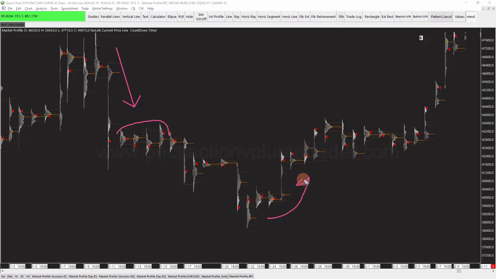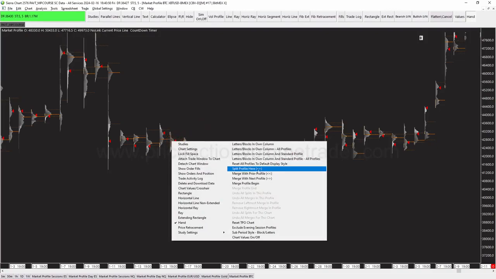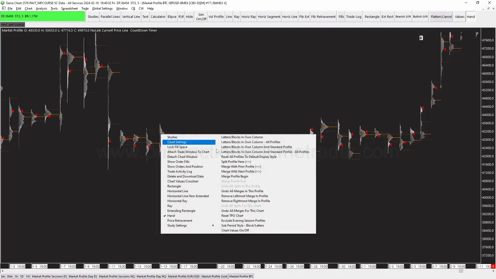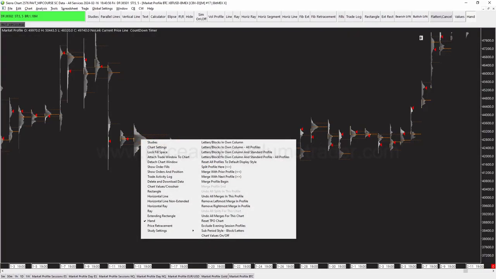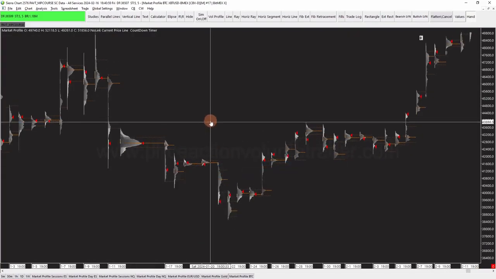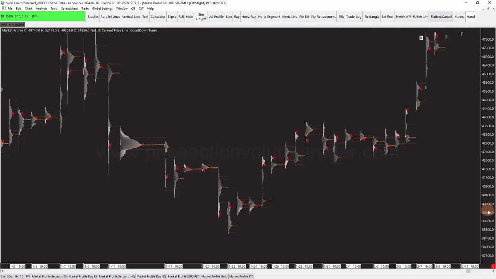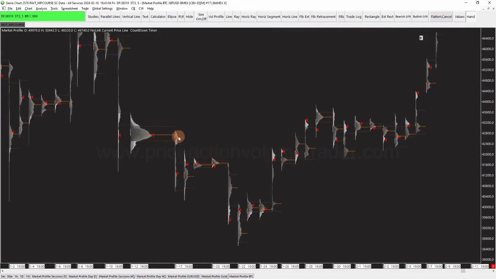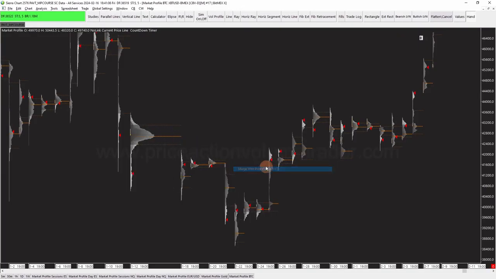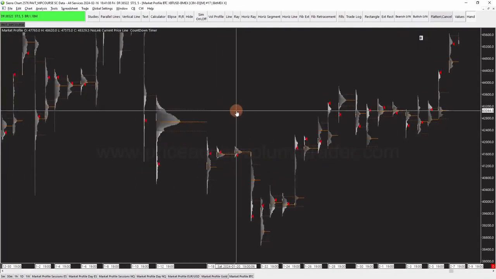So once we broke out here, we can use this as a guide for a target. And in this case, we do the same. I right click, merge with prior, merge with prior, merge with prior, merge with prior. And then you can see right here, well, we can even merge this one as well. Those 6 days.